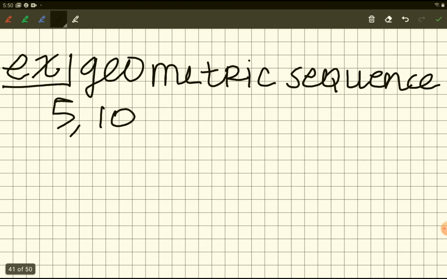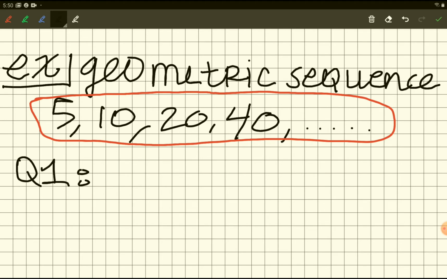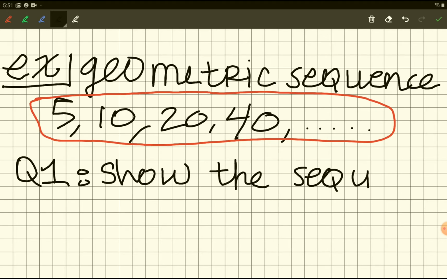5, 10, 20, 40, and it keeps going. This is my sequence in the red box. So question 1. Show the sequence is geometric.